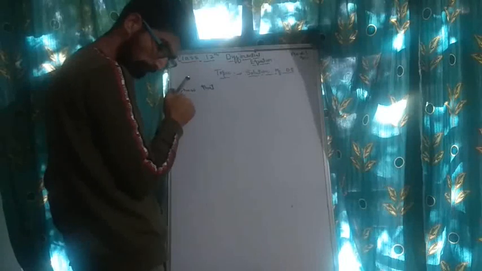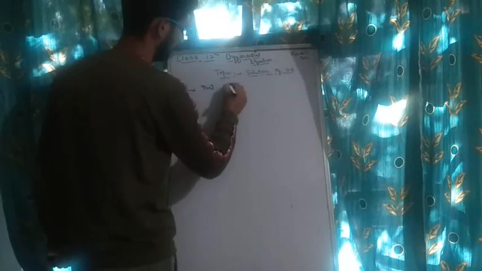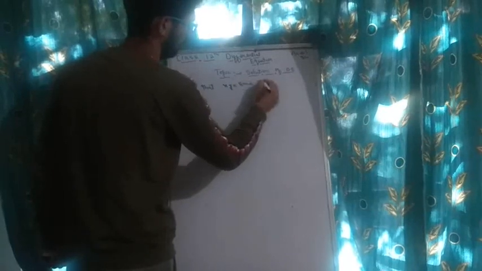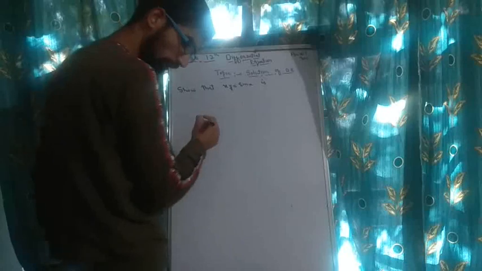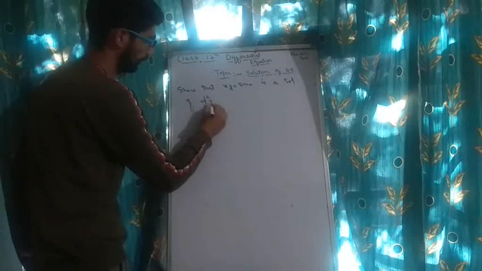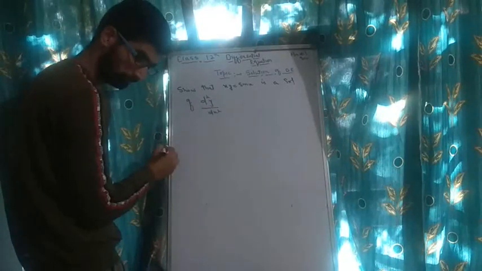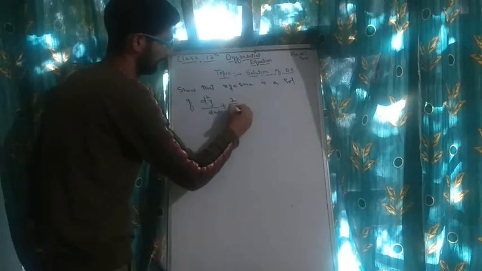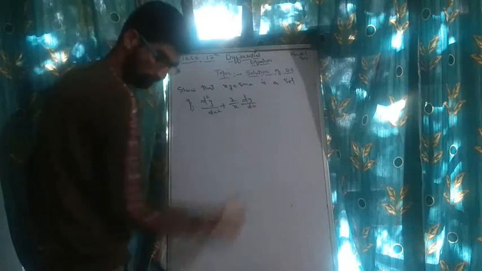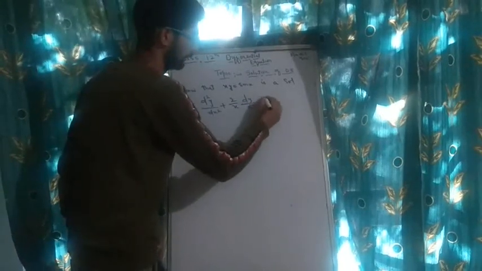And that example you take like this. Show that xy equal to sine x is a solution of d square y divided by dx square plus 2 divided by x dy by dx, and then plus y equals to 0.